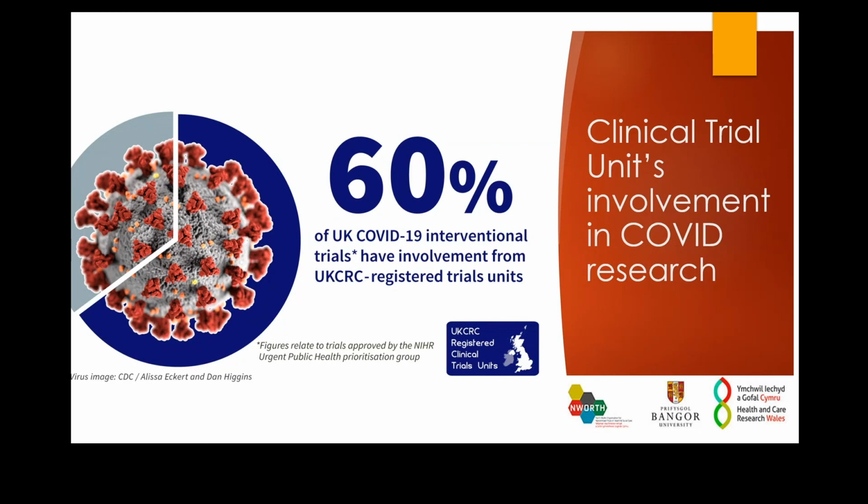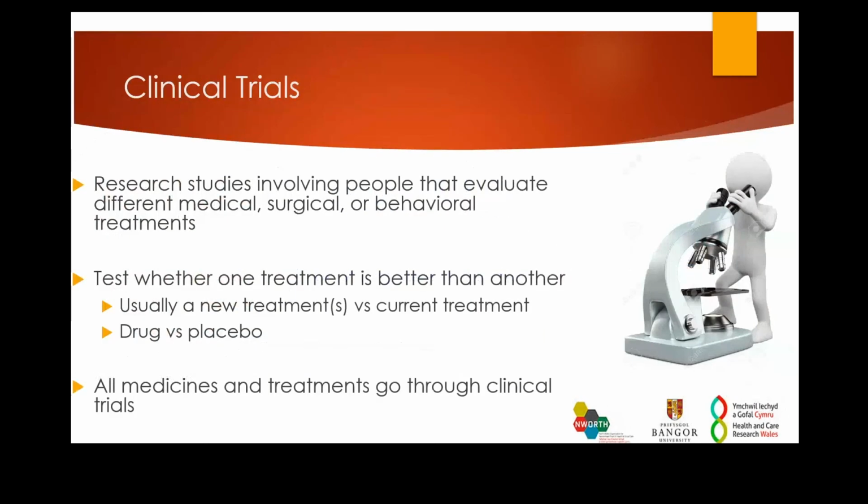So it's well established that clinical trials units are very important in the current pandemic research and also in other research. But what exactly is a clinical trial? A clinical trial is a medical study or research study that involves people. We look at different medical interventions or treatments, surgical devices, behavioural therapies or different treatments. Essentially, they test whether one treatment is better or at least as good as another treatment.